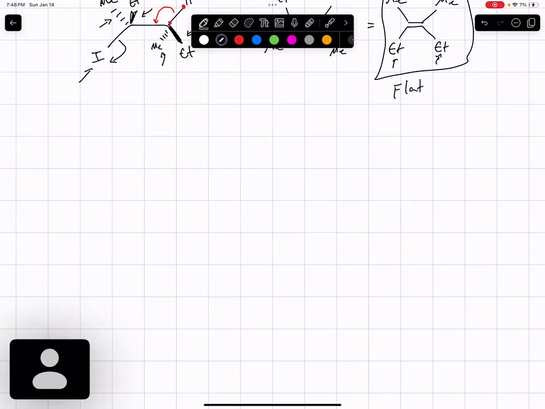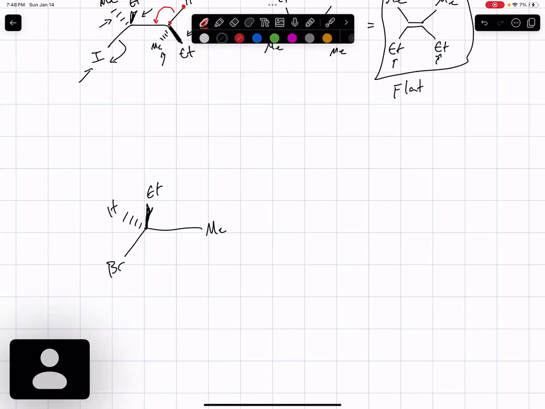Let's think of Br. Let's call this just a methyl group. We have an ethyl group here, and we have a hydrogen.